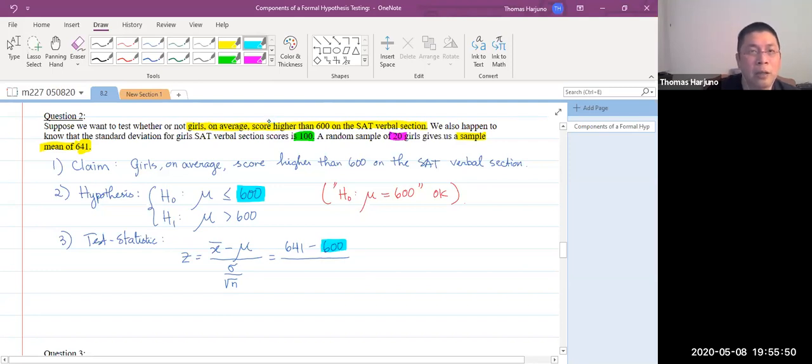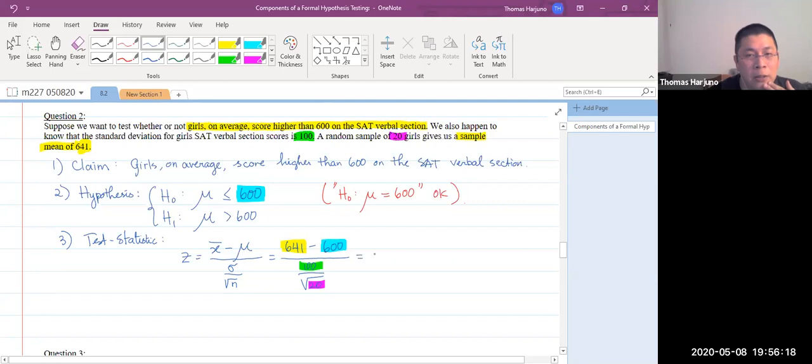Divided by sigma, which is 100 over square root of the sample size. I hope my colors don't confuse you. You know where I get those numbers from.